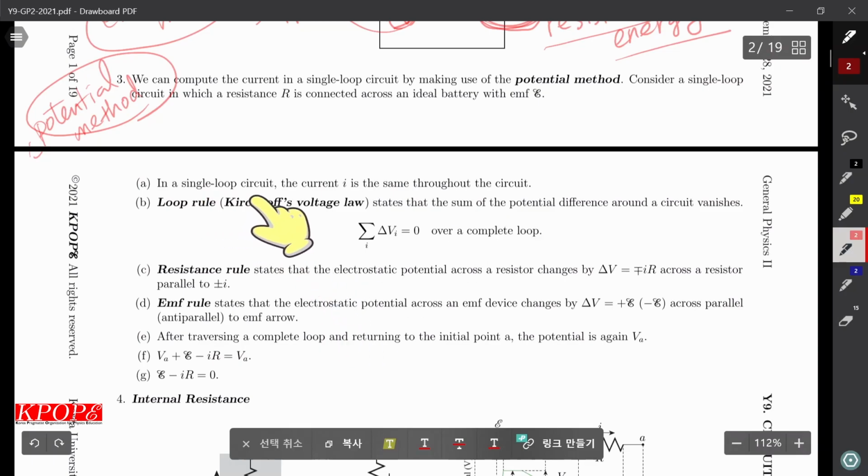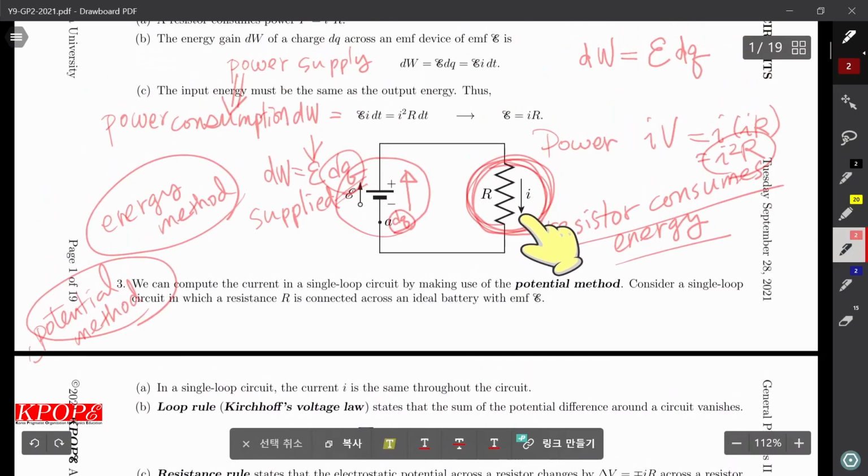In a single loop circuit, the current I is the same throughout the circuit. Current I is flowing in this direction, in the resistor, and in the wire.